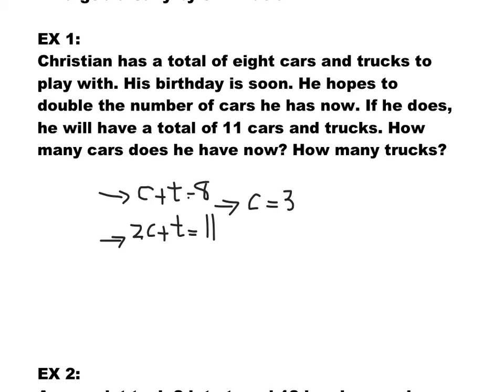So this means that there are 3 cars, and I'm going to use the first equation to find T. So I'm going to say 3 plus T is equal to 8. I move 3 to the right, I get T is 8 minus 3, which is going to be 5. So there are 3 cars and 5 trucks.